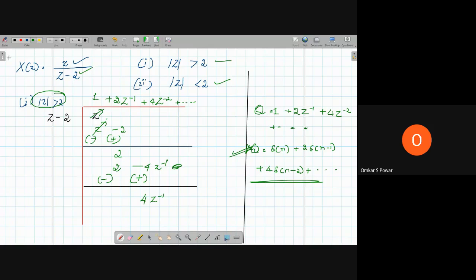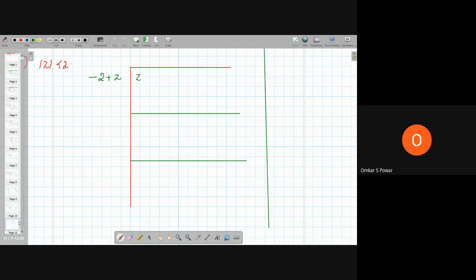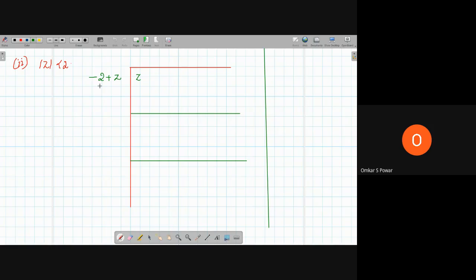For mod z less than 2, we have to write it the other way around: minus 2 plus z. So what do you have to multiply? Minus 0.5 into z. Minus 0.5 z into minus 2 is plus z, and it is minus 0.5 z square. Again you change the sign, so here you will get 0.5 z square.